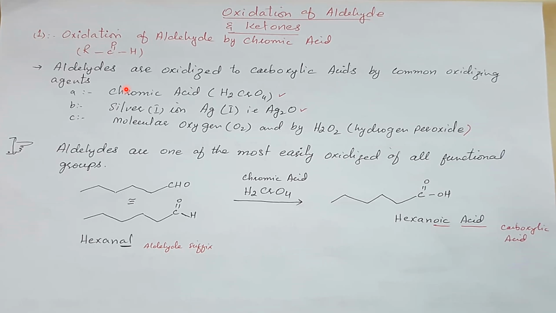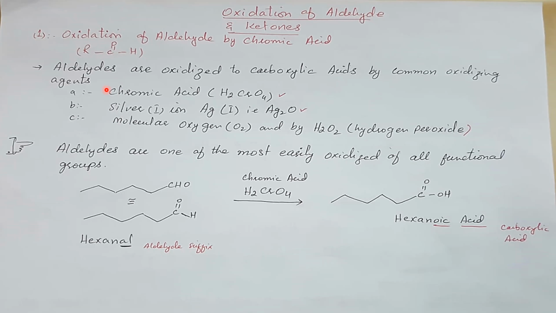I have listed three common ways, though there are a number of different reactions we can conduct and reagents we can use for the oxidation of aldehyde. In our scope, I have picked these three, which we will cover in this course.